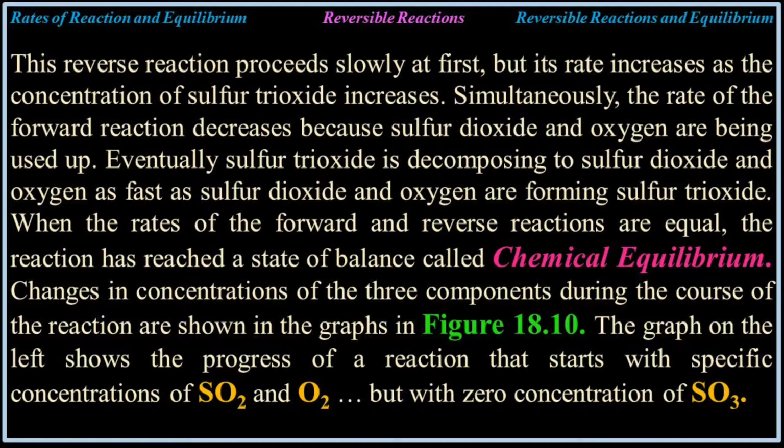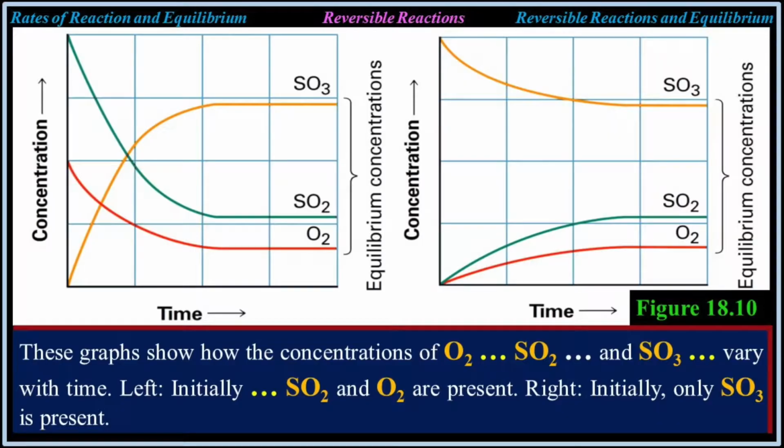The graph on the left shows the progress of the reaction that starts with specific concentrations of sulfur dioxide and oxygen, but with 0 concentrations of sulfur trioxide. These graphs show how the concentrations of oxygen, sulfur dioxide, and sulfur trioxide vary with time.